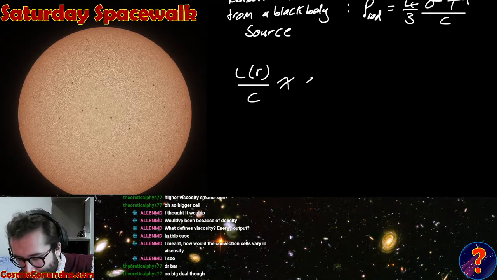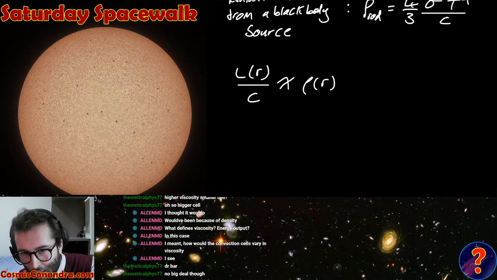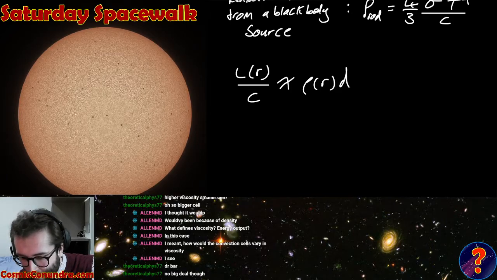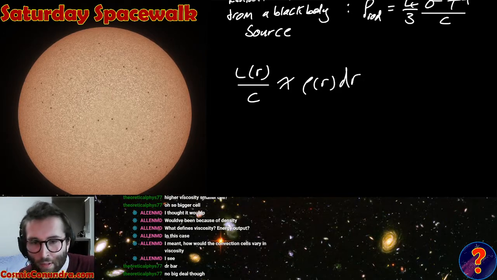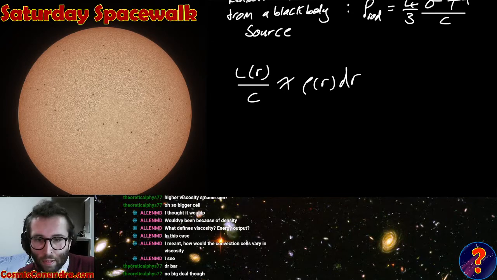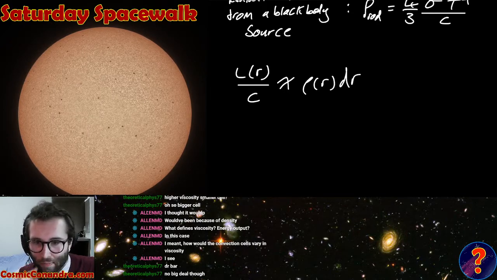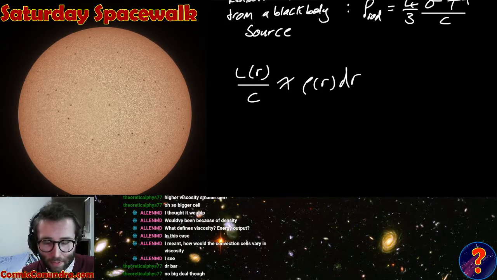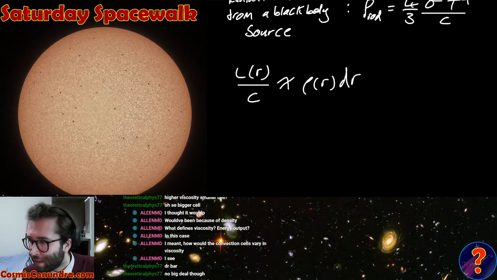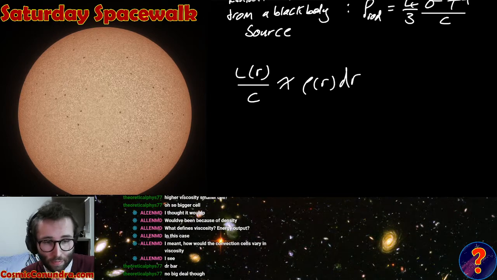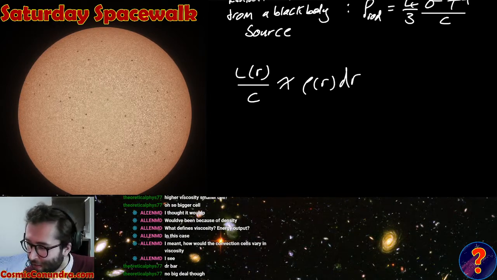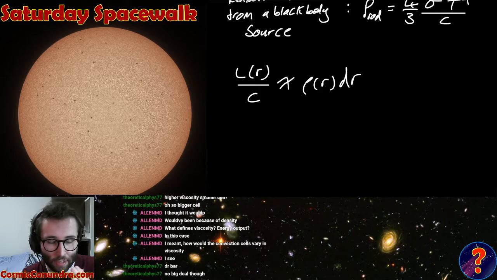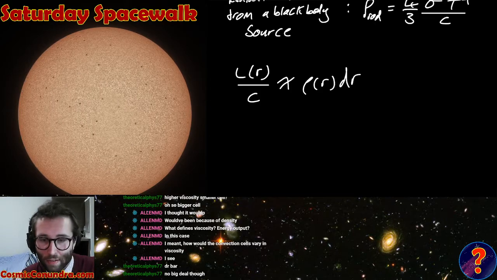And then we also have the density and dr here, the width of this layer. Okay, because dr represents the thickness that the light is traveling through, the thickness of this layer. So if it has to travel through a very large thickness, you would expect that much more of it would be absorbed.